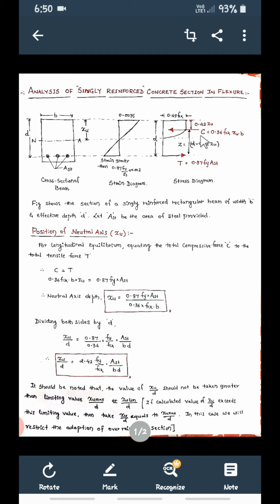And what is force? Force is equal to stress, 0.36 FCK, into area. What is the area of this concrete portion?